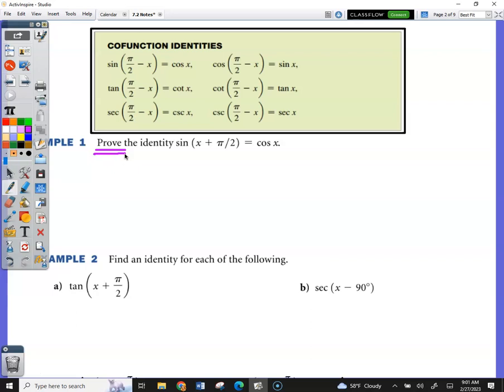That's the answer. I have to somehow figure out how to manipulate this to get there. Take that as a chance to relax because the answer's right in front of you. You just have to figure out the work in between. Does that make sense?